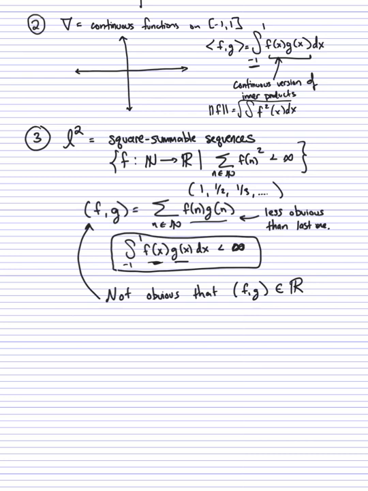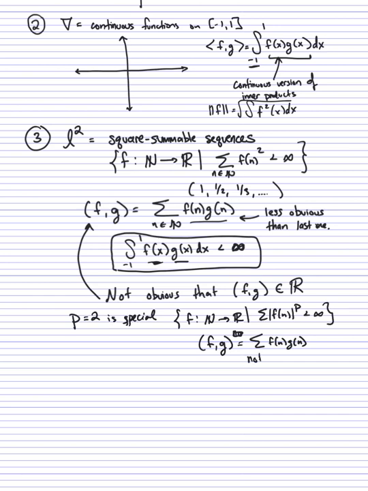This is also something where p equaling 2 is special. Meaning if I looked at the functions from N to R where the sum of f of n to the p is less than infinity, you can try to do the same thing as above, and you will not get an inner product.